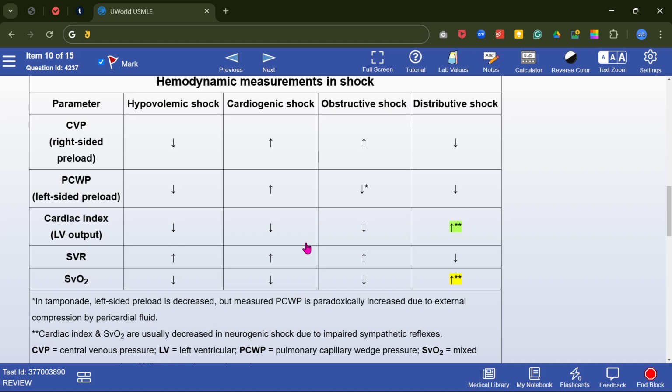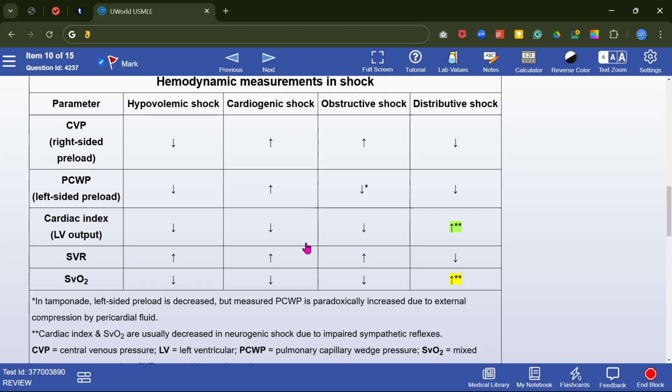In tamponade, left-sided preload is decreased, but measured pulmonary capillary wedge pressure is paradoxically increased due to external compression by the pericardial fluid.